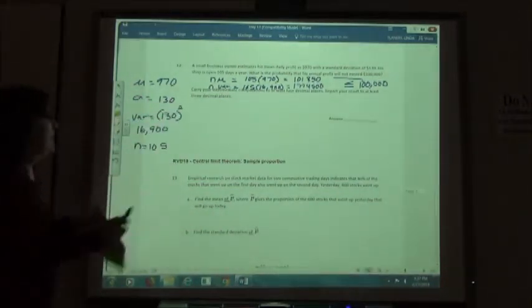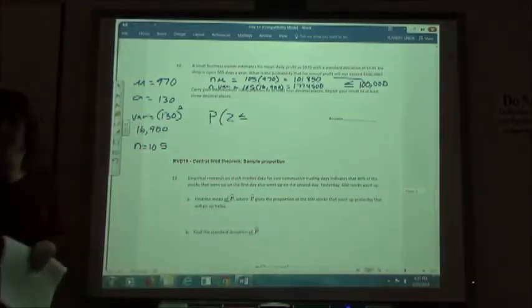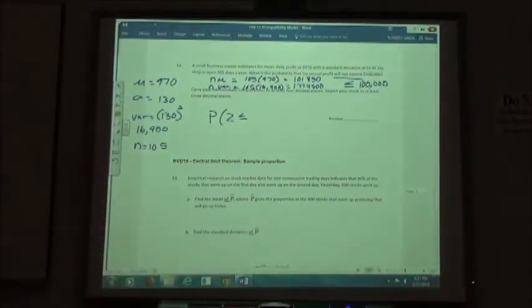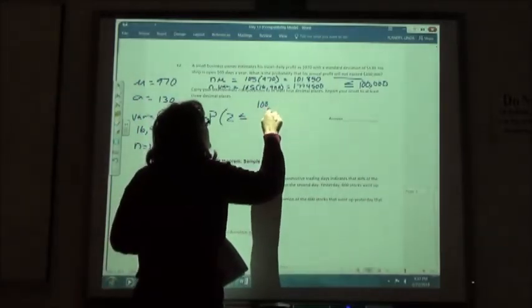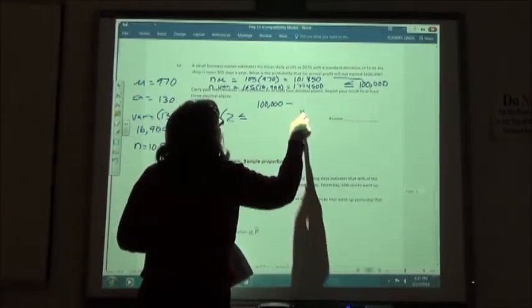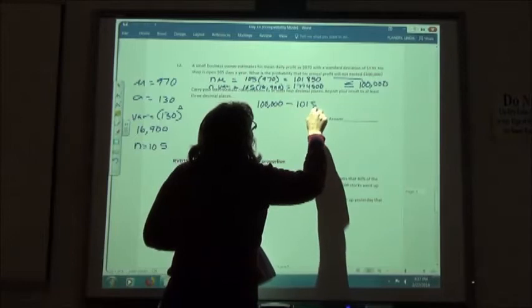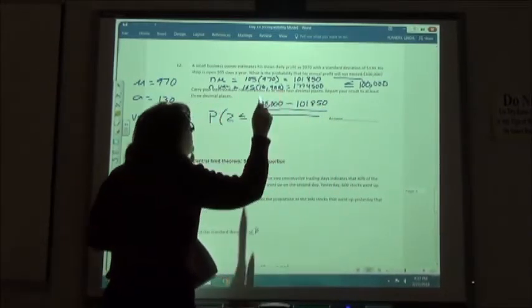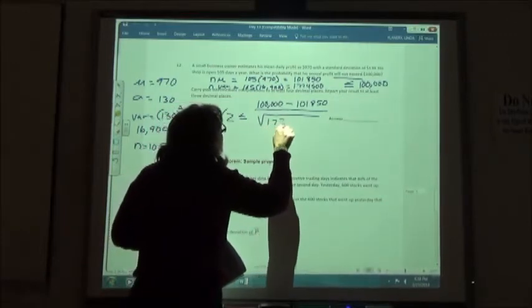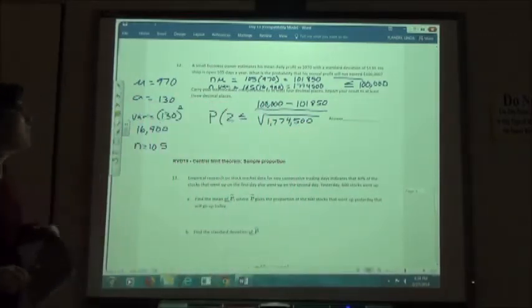This is a less than, so we just have to do P of Z is less than or equal to. No, 1 minus. Okay, we don't want to exceed 100,000. So 100,000 is our x bar number, minus n times the mean, which was 101,850, over the square root of n times the variance, which was 1,774,500.